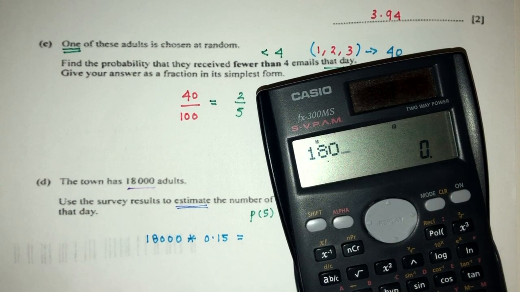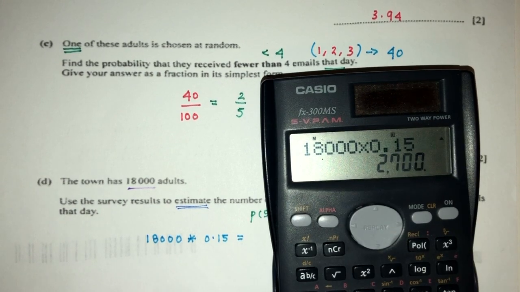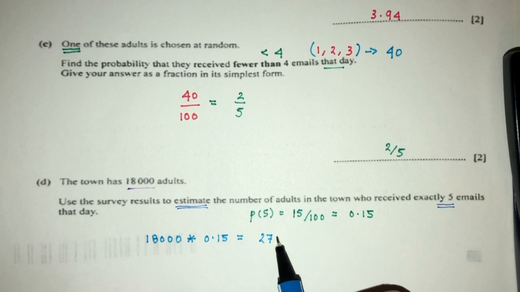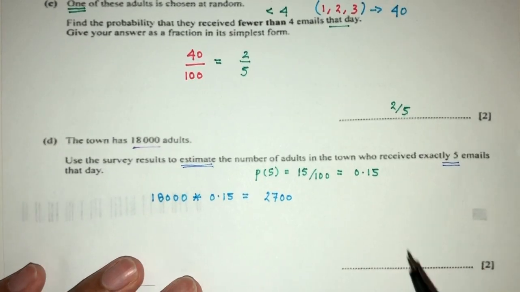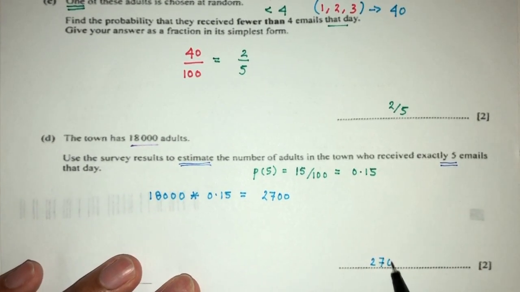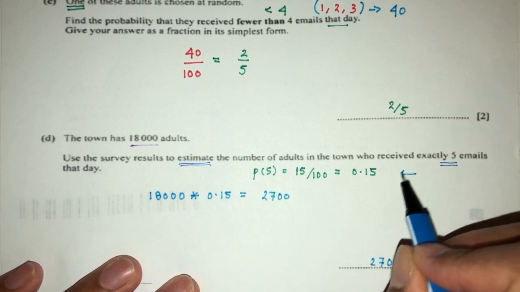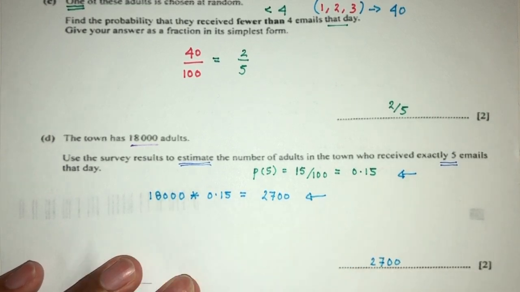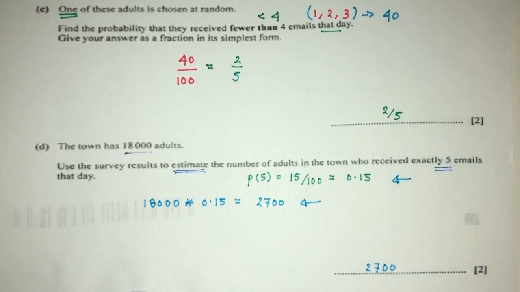So that will be 18,000 times 0.15. That will be 2,700. That will be your answer for part D of the question, using the result from the survey to estimate the value that we need for this question, part D.